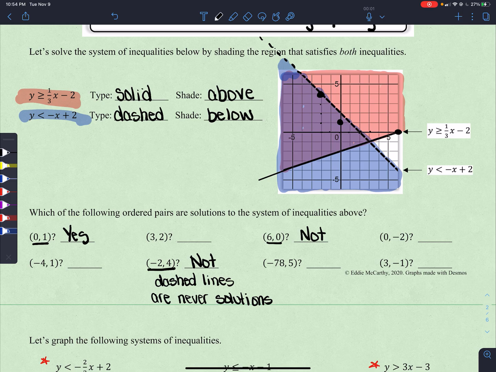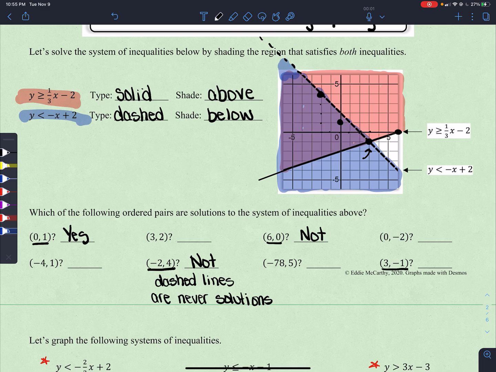I'm going to do 3, -1. So I go over 1, 2, 3, go down -1. In this case, I want to know if that point right there is ever a solution. Okay, so it does touch the area that is both red and blue.